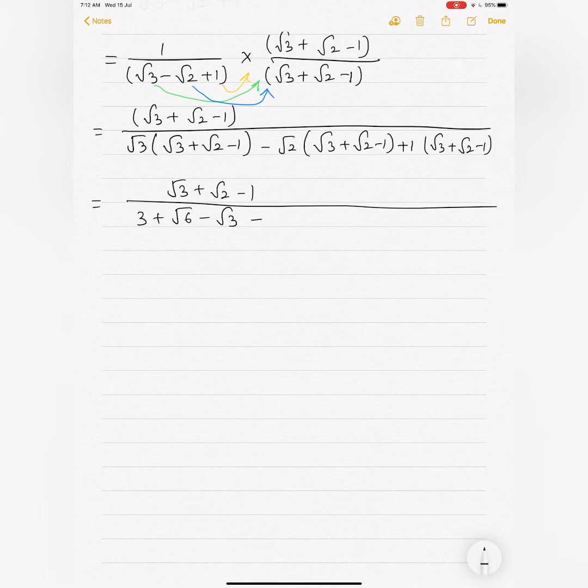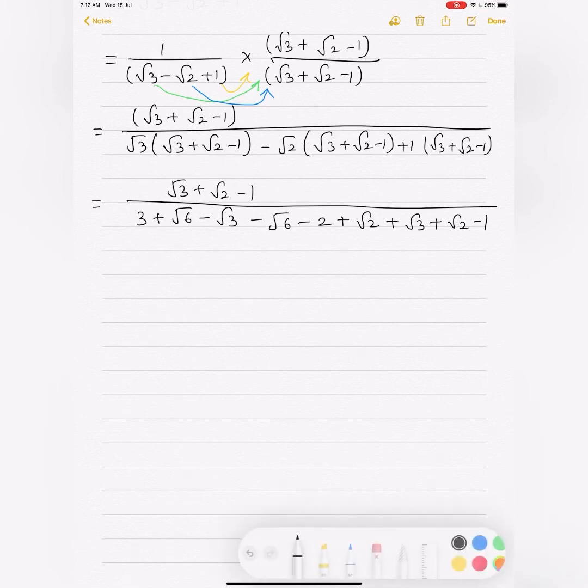Then minus root 6 minus 2 plus root 2 plus root 3 plus root 2 minus 1. Now if you cancel them, see what will you get? You can cancel root 6 minus root 6, root 3 minus root 3, then 3 minus 2 is 1 and minus 1, so all that will also get cancelled.